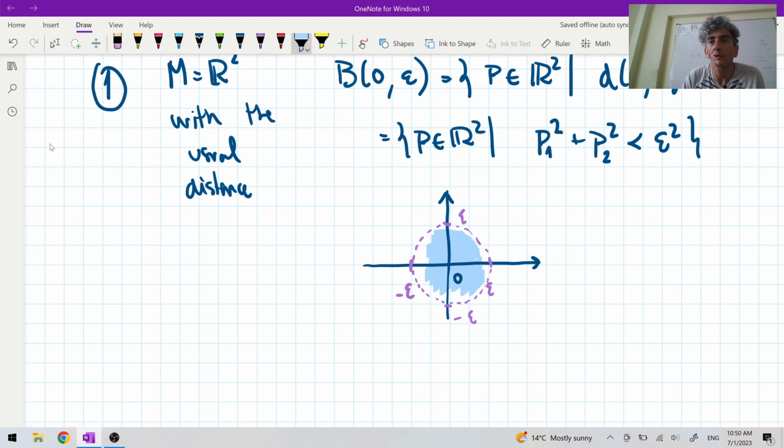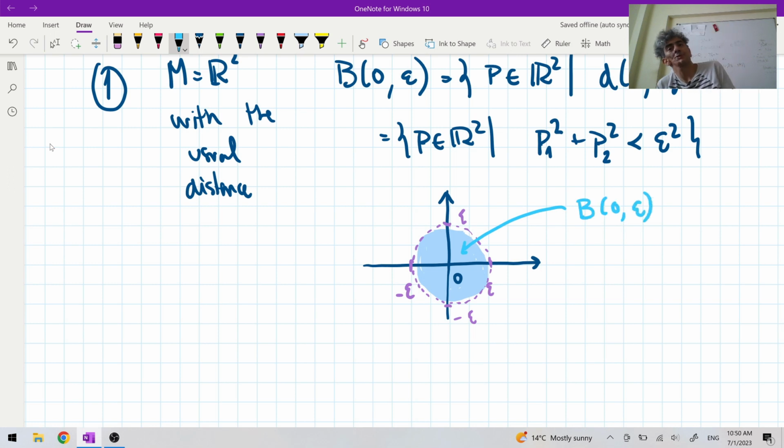All this is the ball that we're talking about. It's the ball of radius epsilon around 0, right? If we change the metric, which we can do, balls are going to look different.